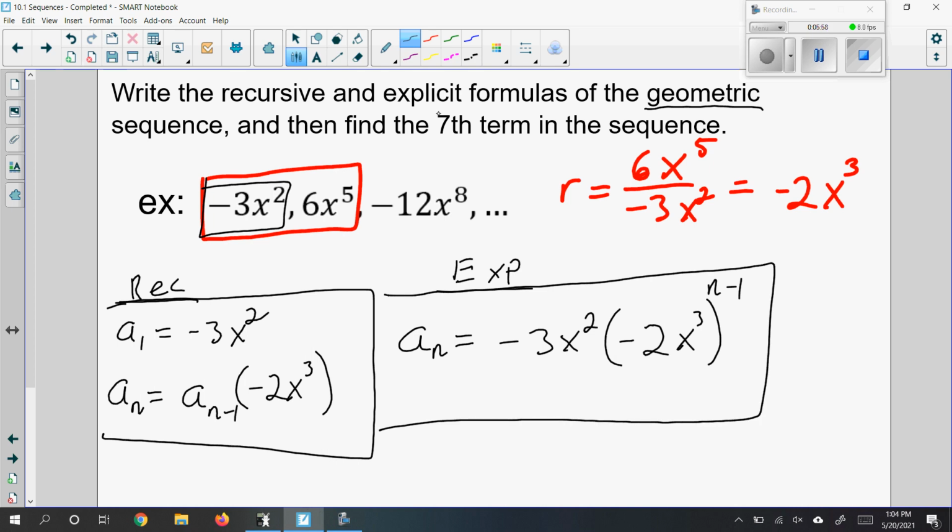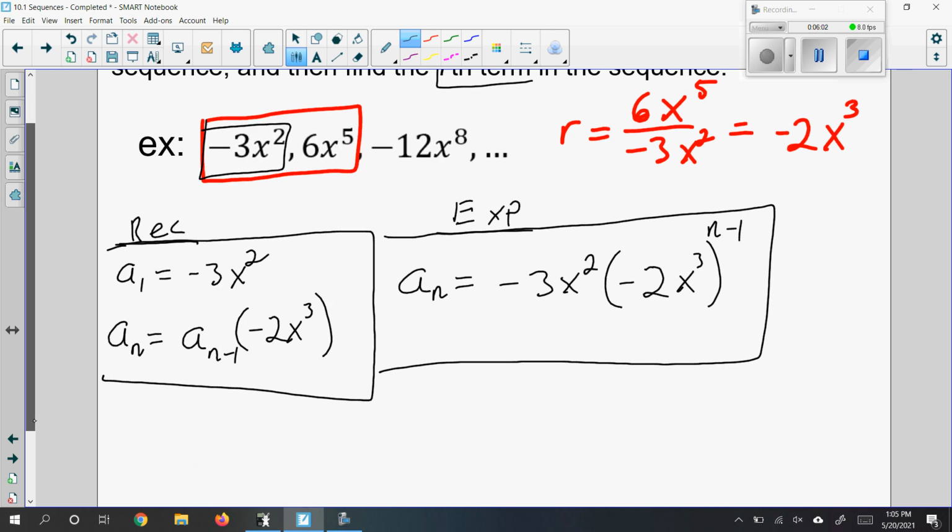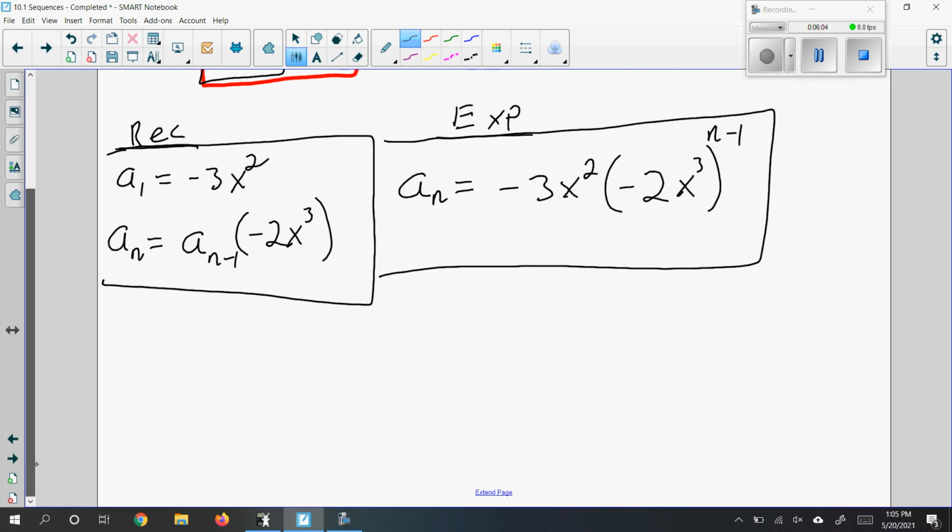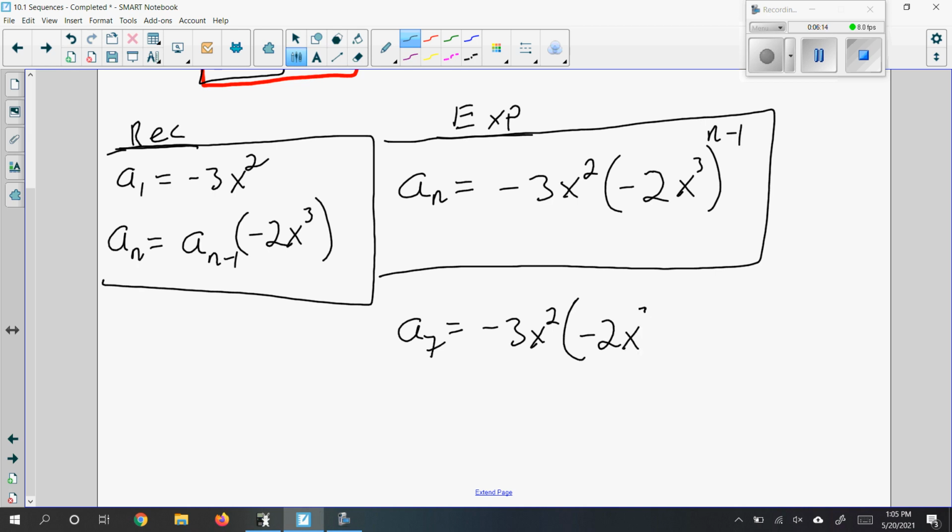Now to find the seventh term in the sequence, let's use the explicit formula. So n is 7, so we have negative 3x squared times negative 2x cubed to the power 7 minus 1. Well, 7 minus 1 is 6.